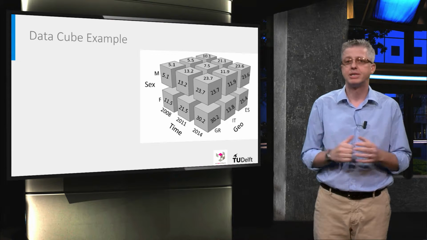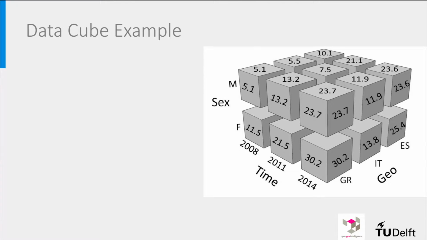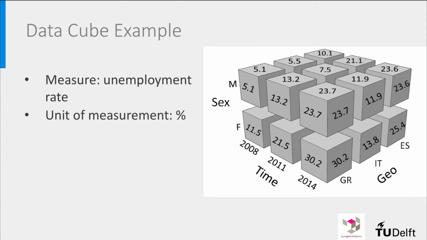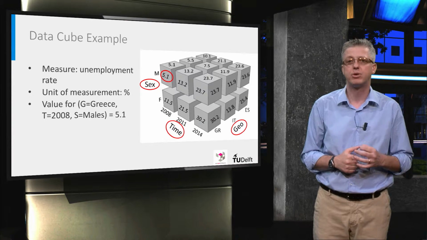Let's see an example to better understand what a data cube is. The data cube of the example measures the unemployment rate in percentages based on 3 dimensions: time, sex, and geography. So, the unemployment rate of males in Greece at 2008 was 5.1%.